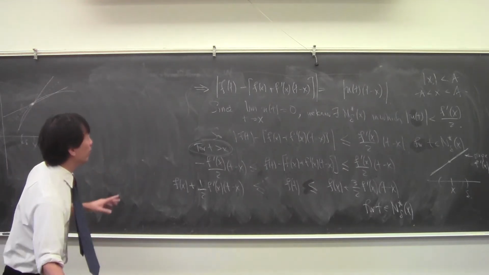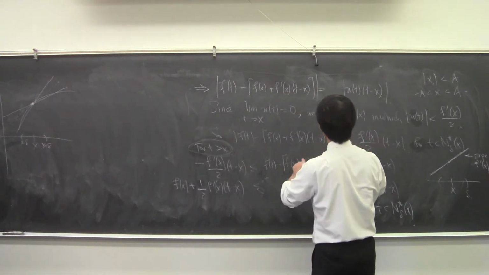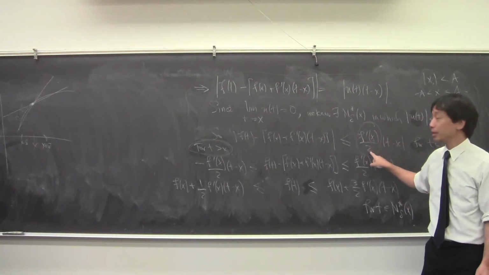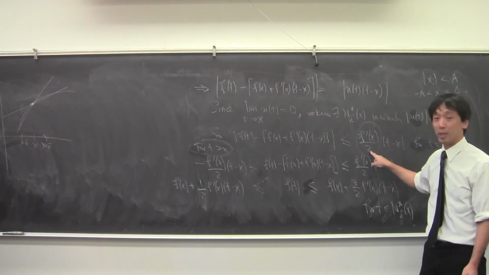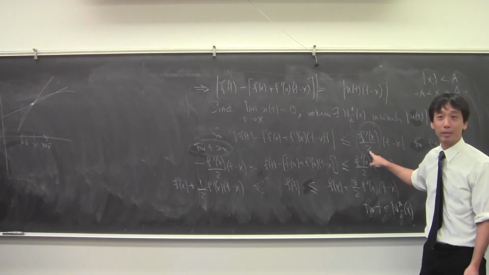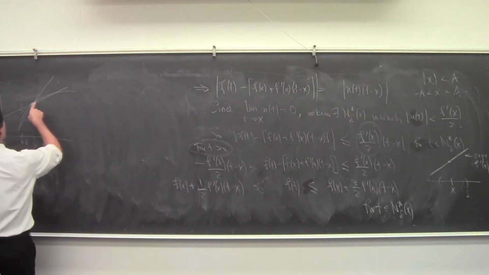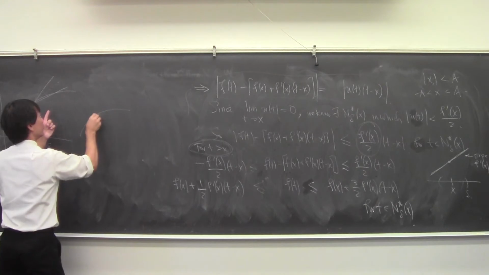So further, this 2, this f prime x over 2, this 2 could be whatever I want it to be, right? It doesn't have to be 2. It could be 2 billion, right? 10 to the 10th, right? In other words, I can trap this guy. I can find a neighborhood in which my function.